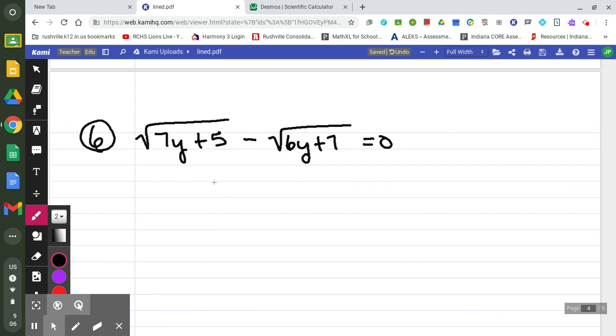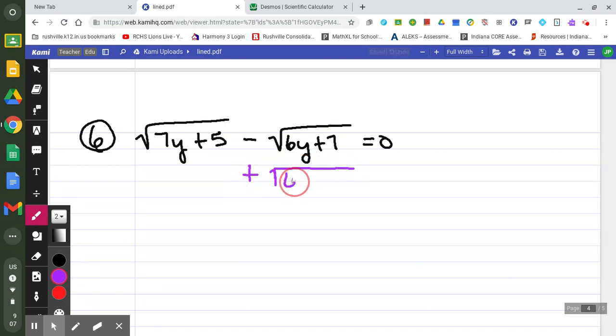So number 6, I have square root of 7y plus 5 minus square root 6y plus 7 equals 0. Well, I need to isolate the radical. Well, since I have 2, I need them to be isolated, one on one side of the equal sign, one on the other.